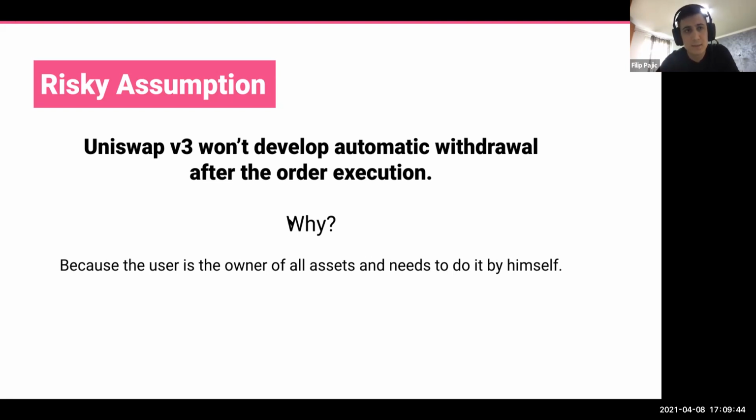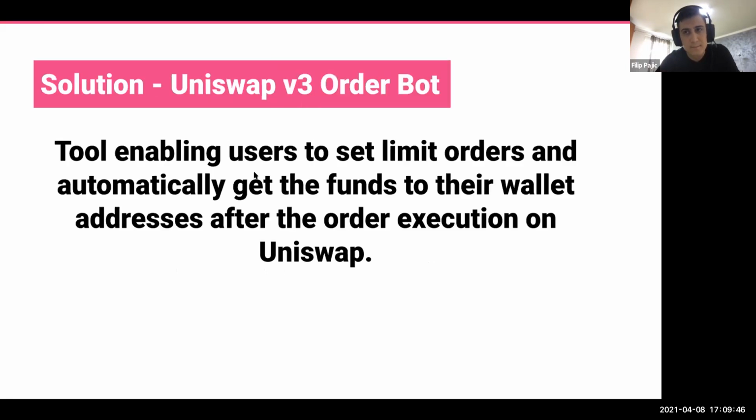Next slide, please. So our solution is developing a platform which is going to manage this for the user, where the user simply says, in this pool, I want to sell this amount of CEL when it reaches this amount of the pair token, DAI for example.